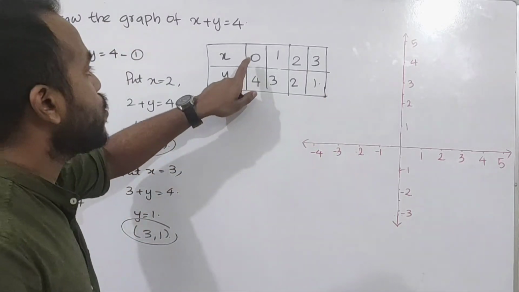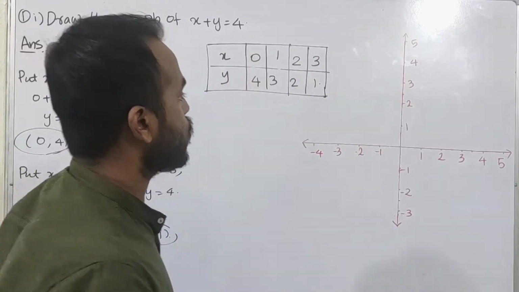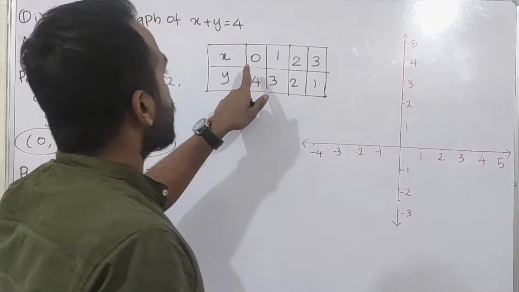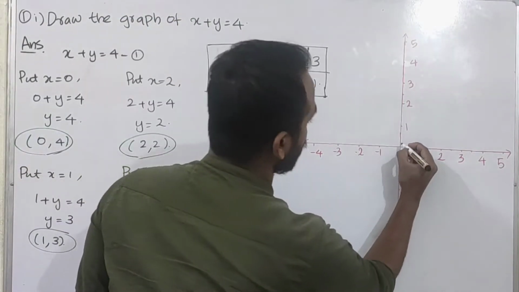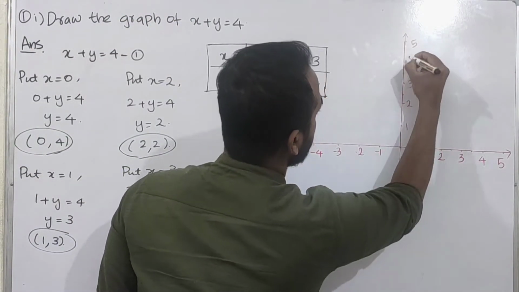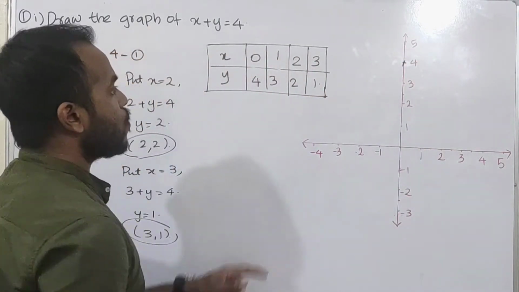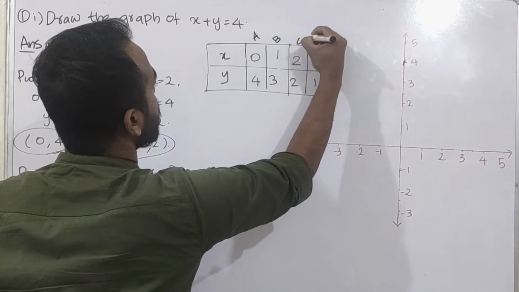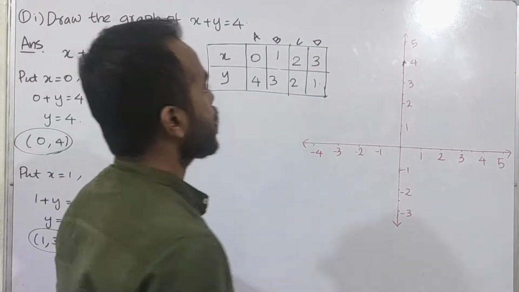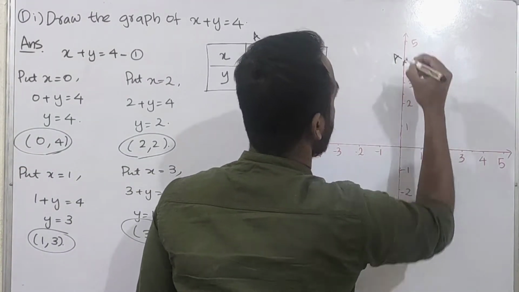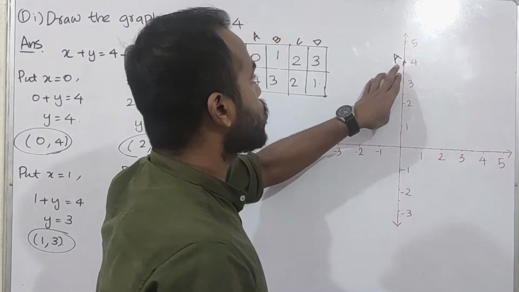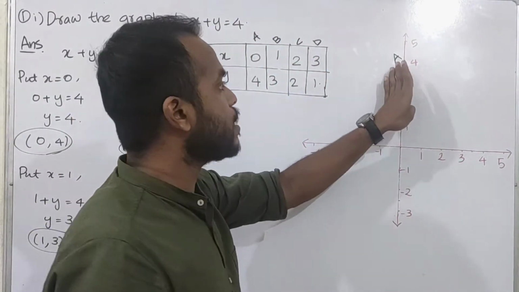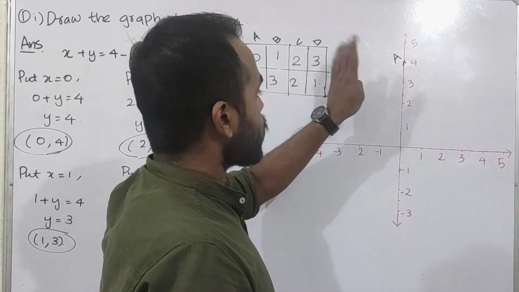Now it will be easy for you to plot the points. For (0, 4), the x coordinate is 0 and the y coordinate is 4. So this is the x coordinate 0 and this is our y coordinate. Name all the points by a particular name, A, B, C and D. So we can name this point as A. There is no necessity to write the names, but it's better to write them.